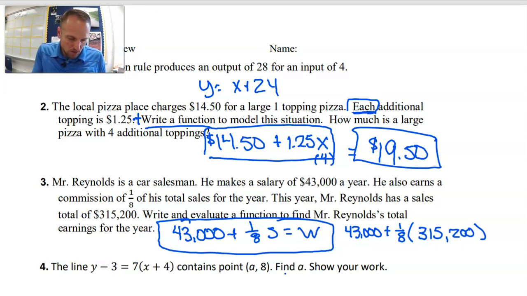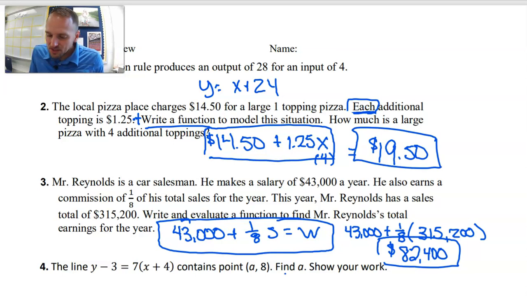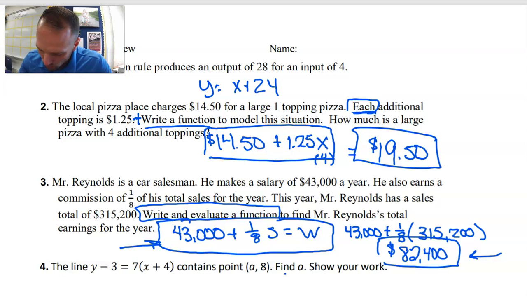That's going to be $82,400. That's the second part of that answer. So the first part, it says write and evaluate a function. So that is writing the function right there. Evaluating the function is $82,400.